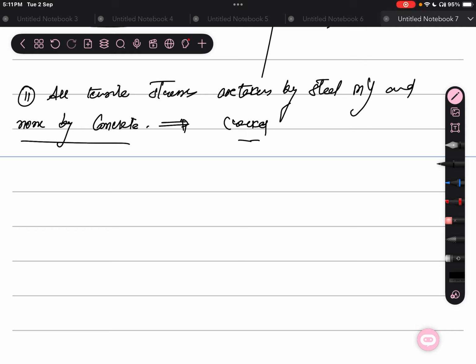The concrete has lost its field. So this is the cracked section, or we can say that FCBT, the stress on the tensile side, is greater than FCR. So the concrete is neglected on the tensile side.